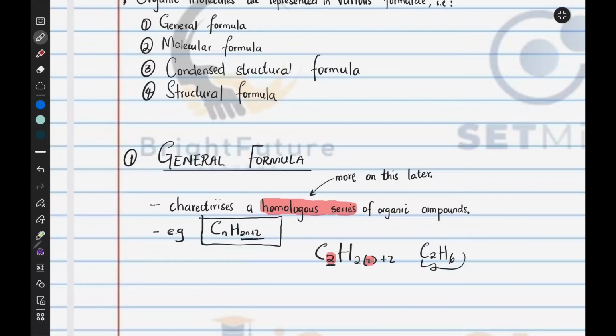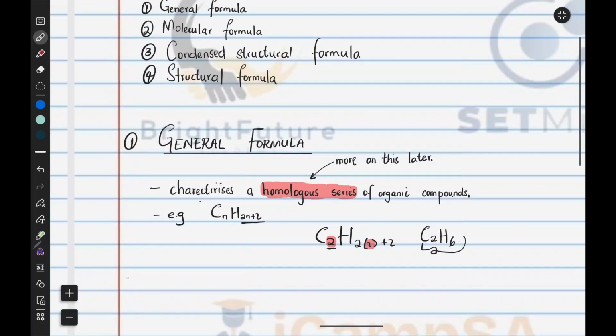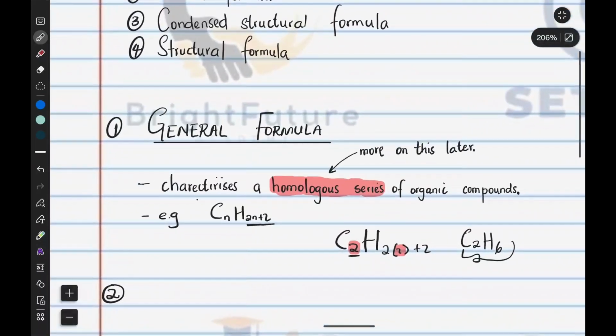Okay, so molecular formula, as I've said, we've seen it quite a number of times from grade 10 until now, so you should be able to identify one when you see it. In essence, we just use a molecular formula to indicate the type and also the number of atoms that are in a molecule, right? So it does not really tell us about the type of bond that is in that molecule.